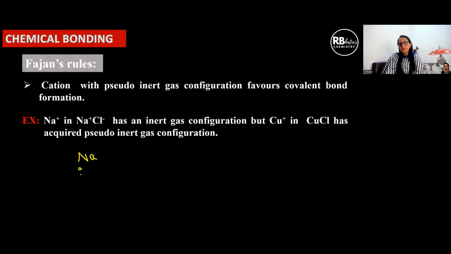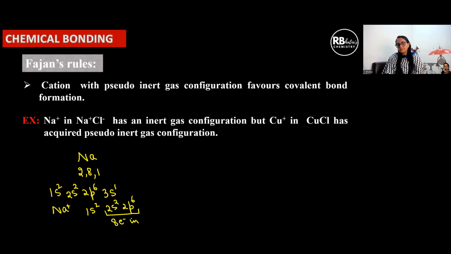If I talk of sodium, the configuration is 2, 8, 1. Or if I write down the modern configuration, it's 1s2, 2s2, 2p6, and 3s1. And for sodium ion, one electron removed means 1s2, 2s2, 2p6. That means 8 electrons in the valence shell.